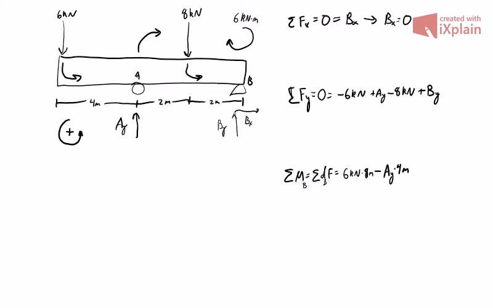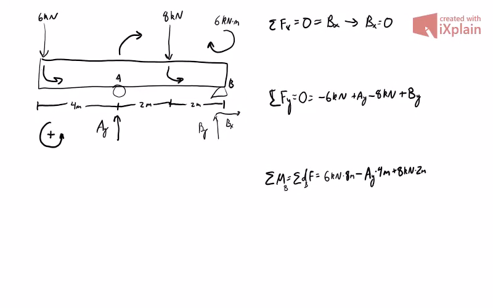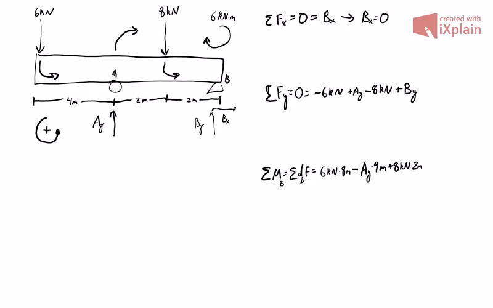Next we have our 8 kilonewton force, which is again counterclockwise rotation. So plus 8 kilonewtons times 2 meters. And then we have our 6 kilonewton meter moment. It is already a moment, so it doesn't need to be multiplied by a distance, and it's clockwise. So that's going to be minus 6 kilonewton meters.